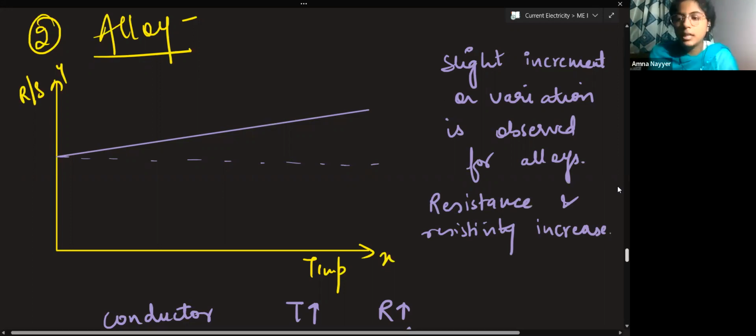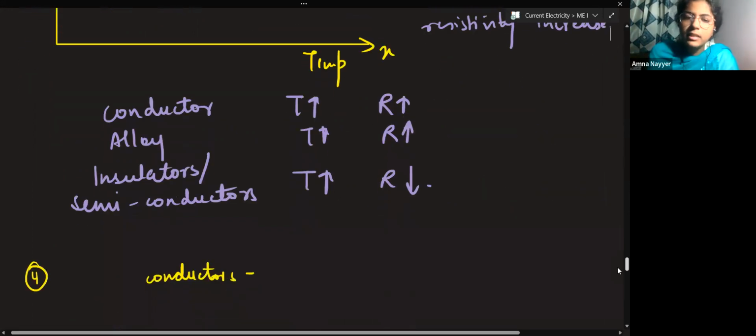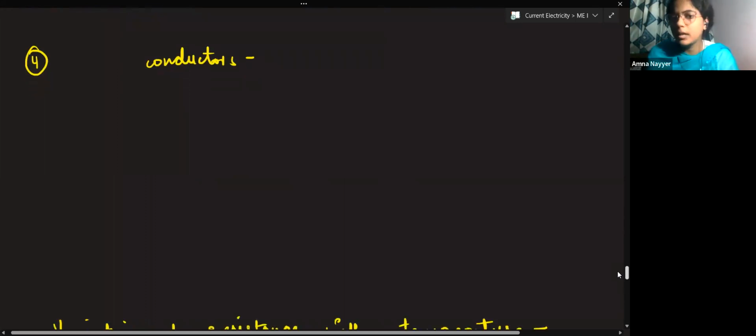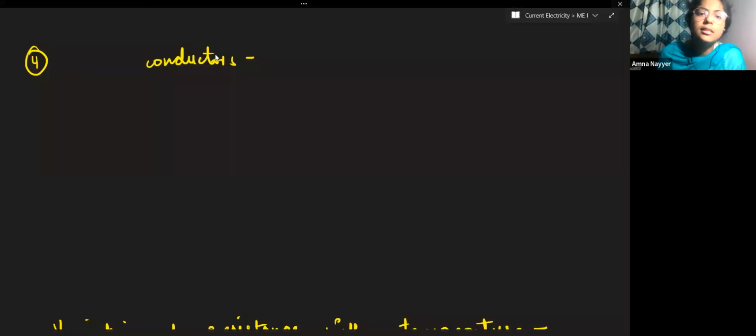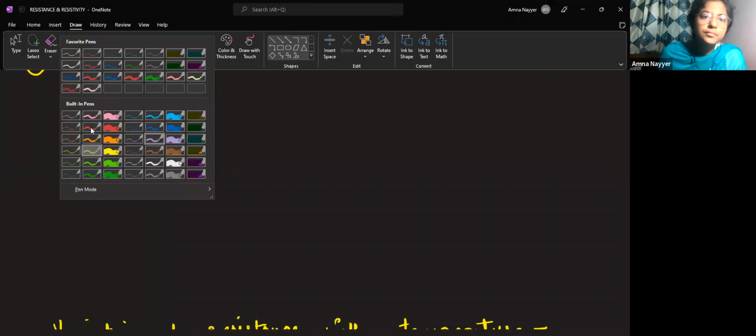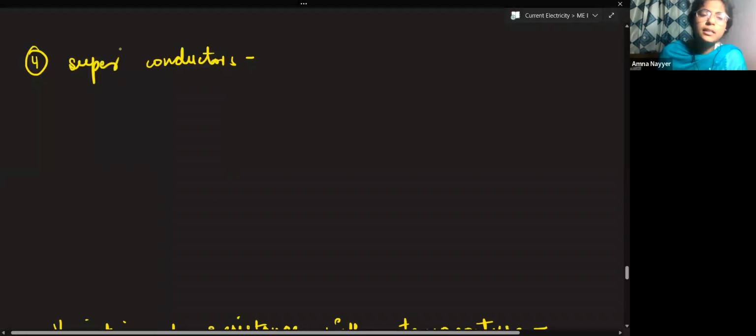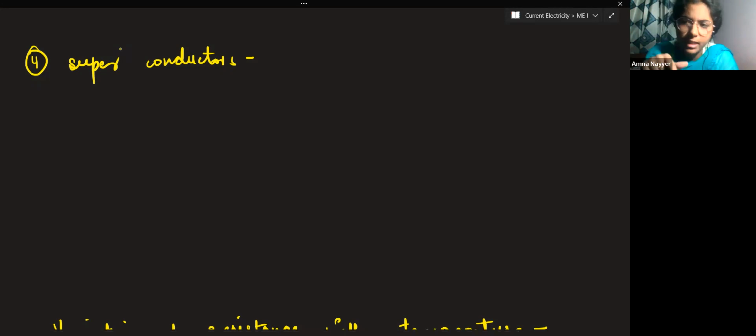Now, the last case, this rarely comes in exam: superconductors. These are some materials, and this material is basically known as a superconductor. Superconductors have high values of their coefficients of resistivity, and we'll see what is meant by this coefficient of resistivity in today's class.